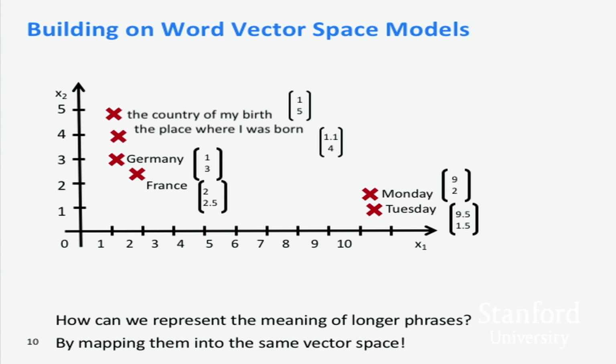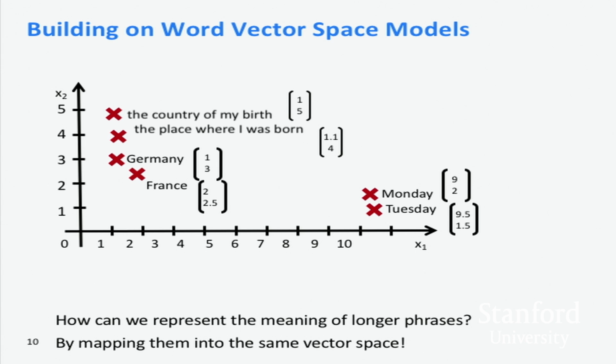So we're hoping we can take bigger phrases and stick those into our vector space as well, and also represent their semantic similarity as vector similarity, where of course this example is only two-dimensional, and in practice we'll be using 100, 200, 1,000 dimensions.